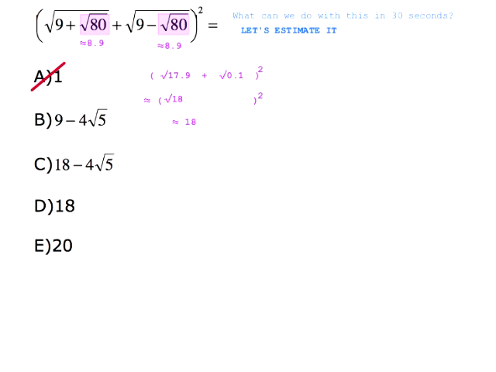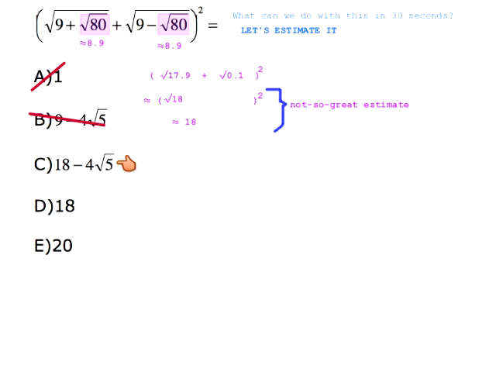So in fact, what we have here is a not so great estimate, but it's still going to eliminate a lot of choices. You want to kill the choices that are way too far away from this. So 1 is ridiculous. 9 minus things, there's no reason to even consider.